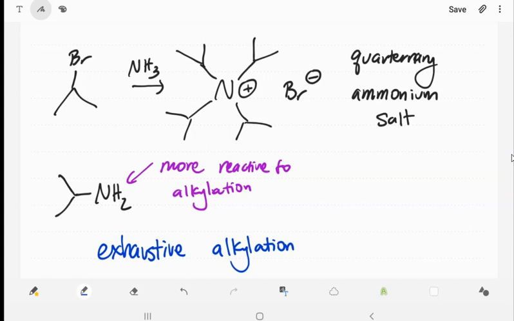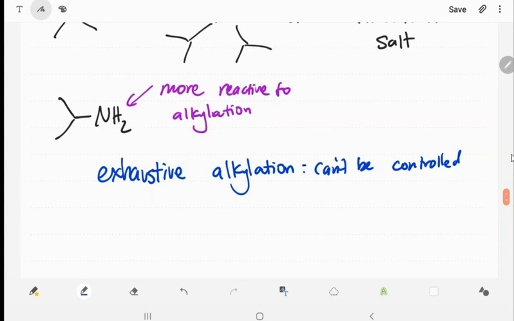You have 4 already. There's no way you can add a 5th one, so you're done. You have exhausted your poor ammonia. Typically, though, this will be done on purpose because we can't control it. And we're going to see later on what we can do with these.